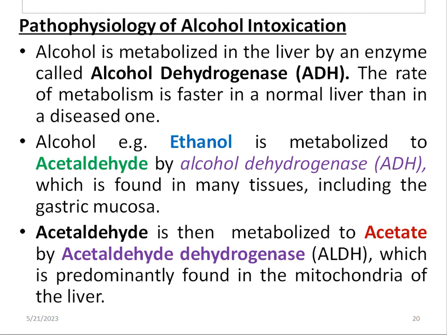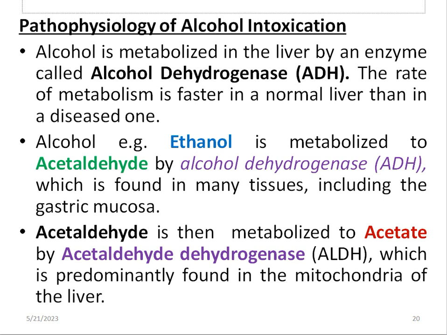So, alcohol is metabolized in the liver by an enzyme called alcohol dehydrogenase. The rate of metabolism is faster in a normal liver than in a diseased liver. Taking, for example, ethanol as an alcohol, it will be metabolized by alcohol dehydrogenase and converted to acetaldehyde.